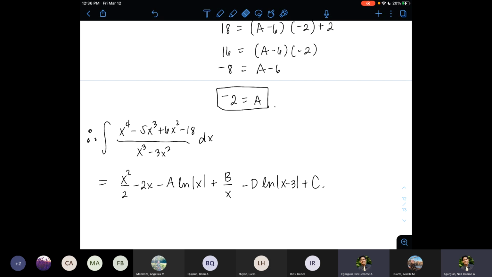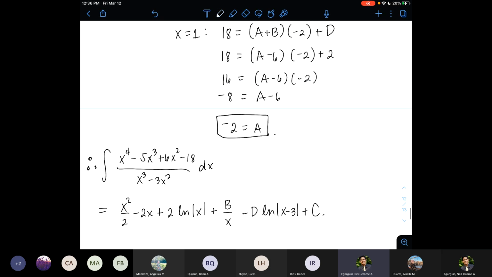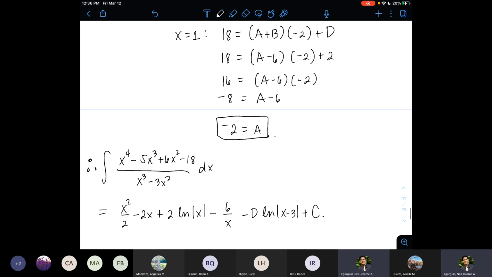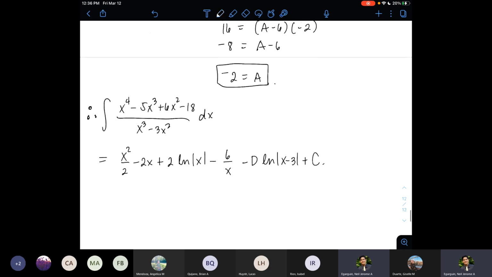So a is negative 2, so this will become a positive 2 here. B is negative 6, so it would be a negative 6 here. And d is 2, so there would be a 2 here. And that's it. That's the end of the solution.